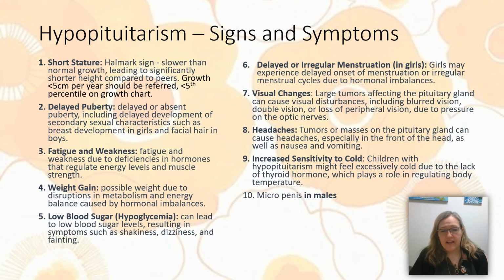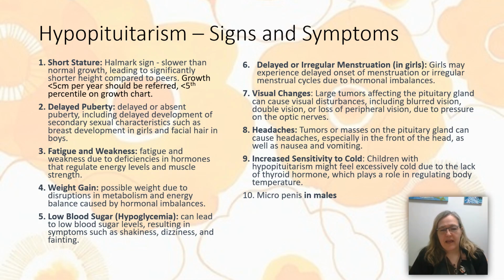You could have headaches, and that would be another sign of a tumor or a mass inside the brain, especially in the front of the head. A hallmark sign of a space-occupying lesion is sudden onset of vomiting, especially early in the morning on waking.